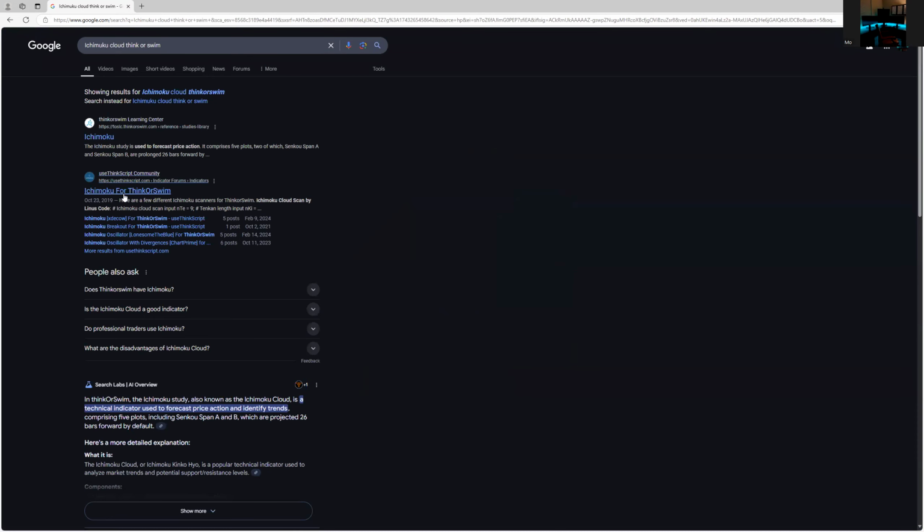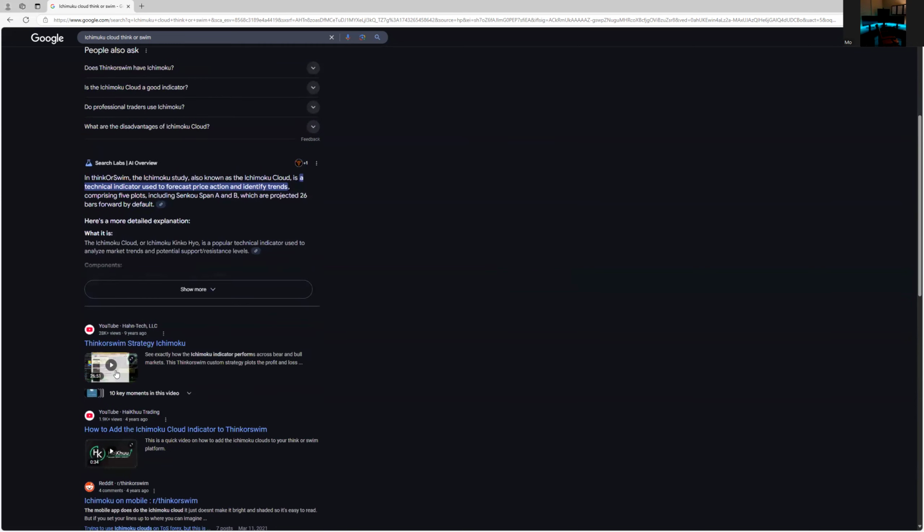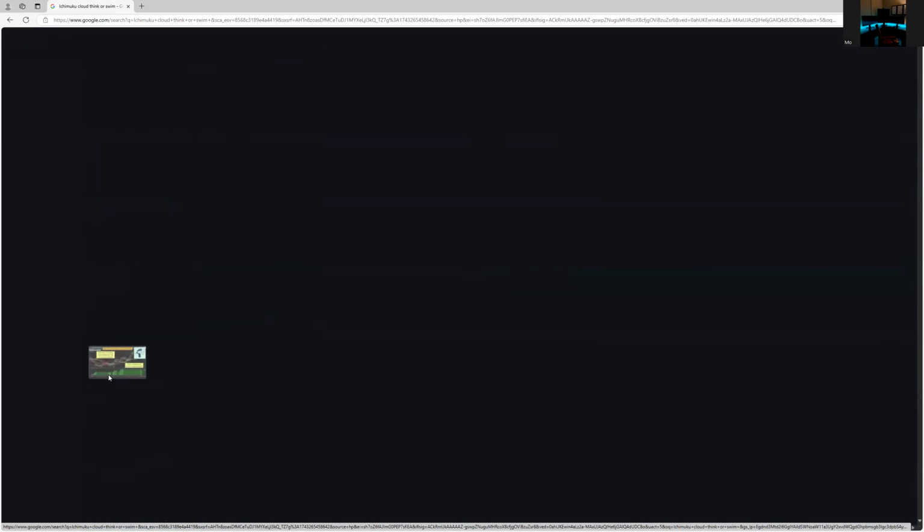I don't have my platform up. Yeah, they do. You see, Ichimoku Cloud, the technical indicator used to forecast price action and identify trends, comprising 5 plots, including Senkou Span A and B, which are projected 26 bars forward by default.